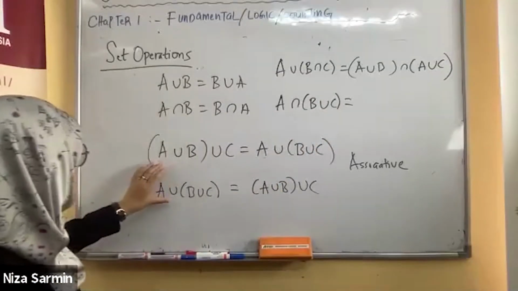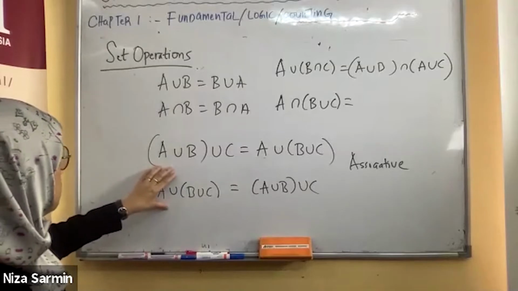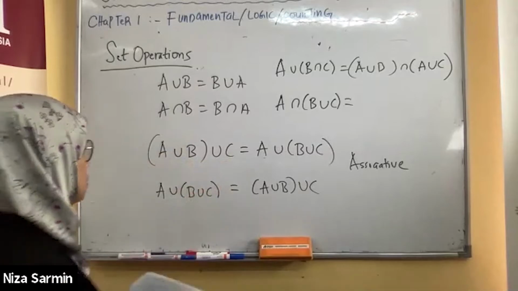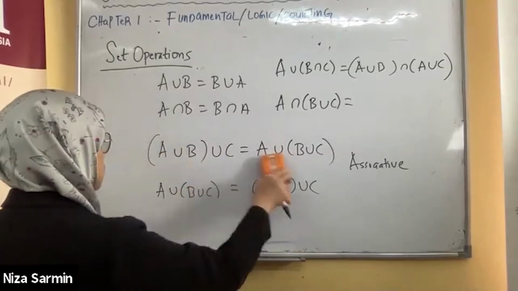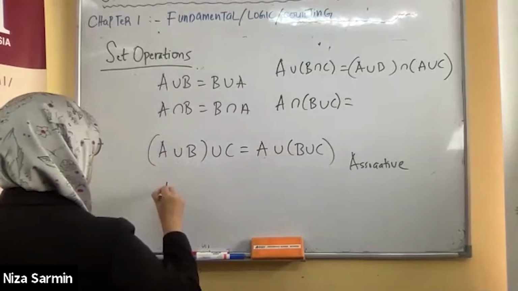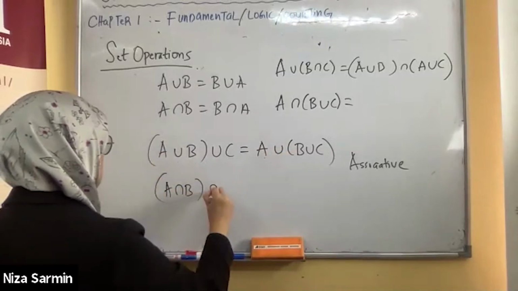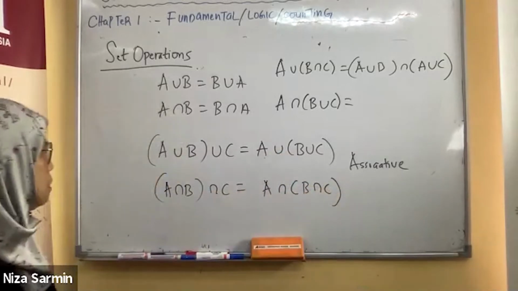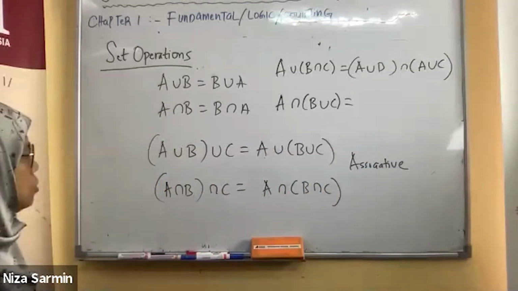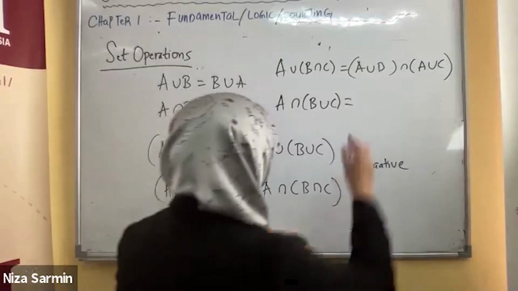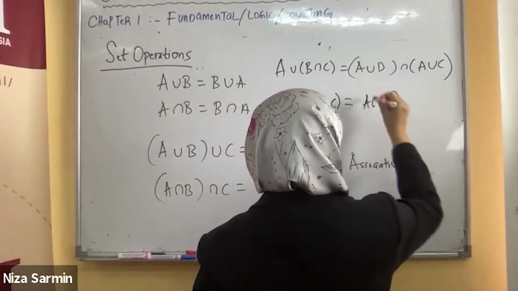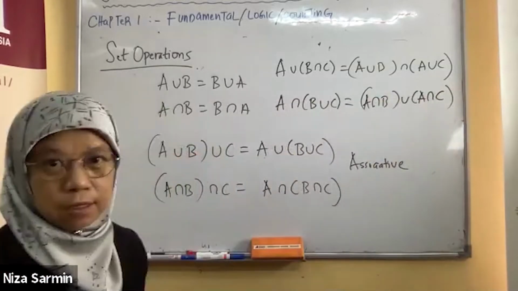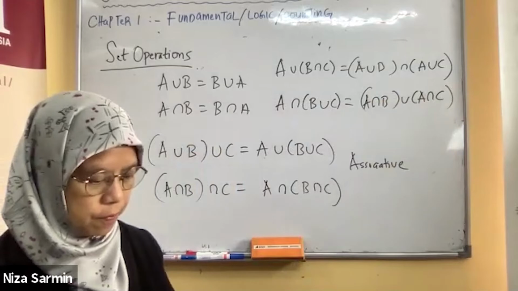Oh, this one you can also have intersection. A intersect B intersect C is A intersect B intersect C. Sorry, this is the same. So this is A intersect B union A intersect C. Okay, you've seen this before.